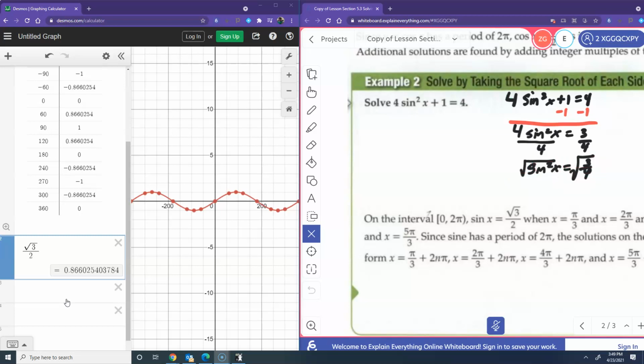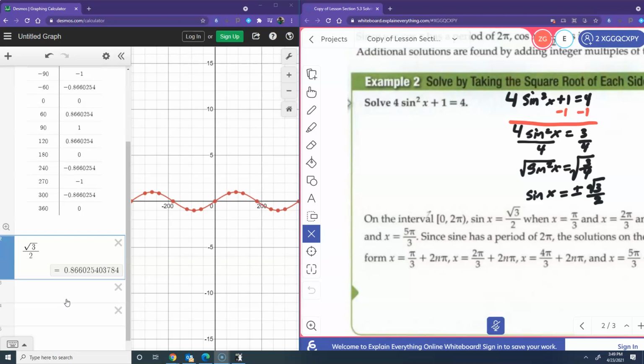Get the square root of both sides. So we have sine of x equals plus or minus square root of 3 over 2. Okay, so we actually have two sets of answers.